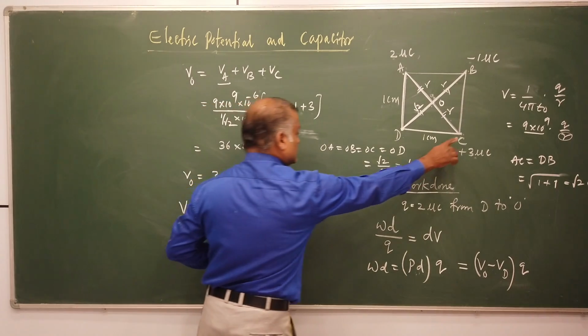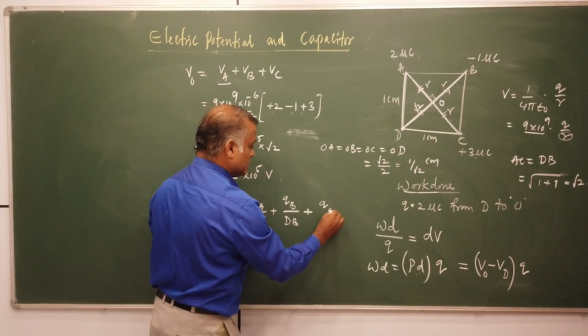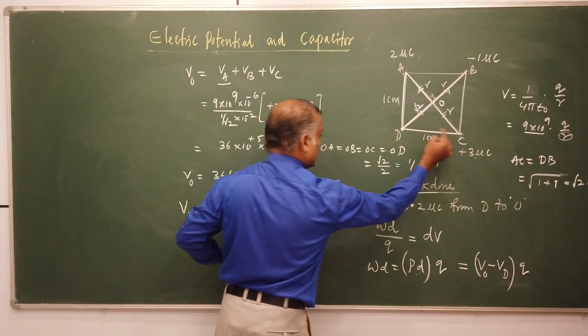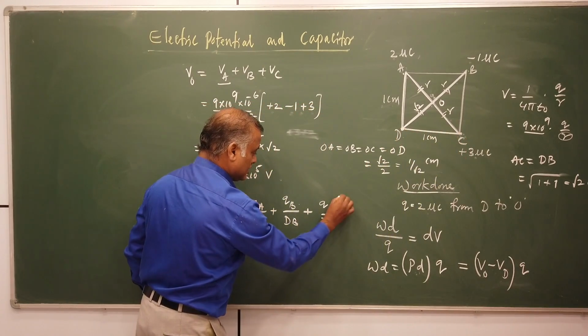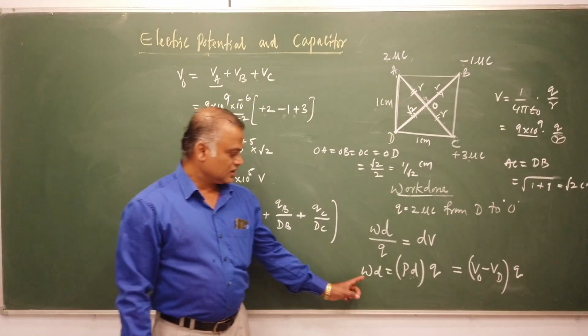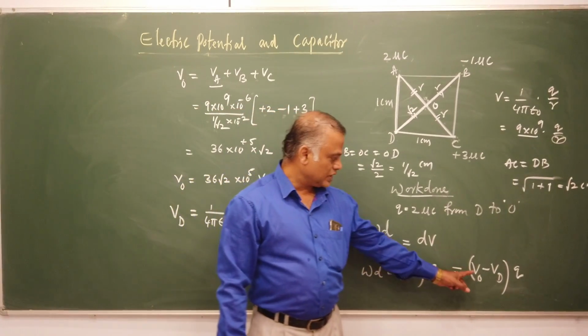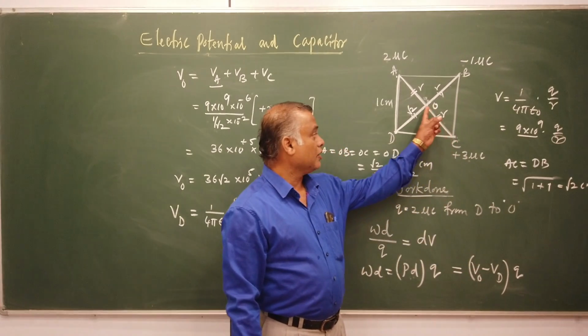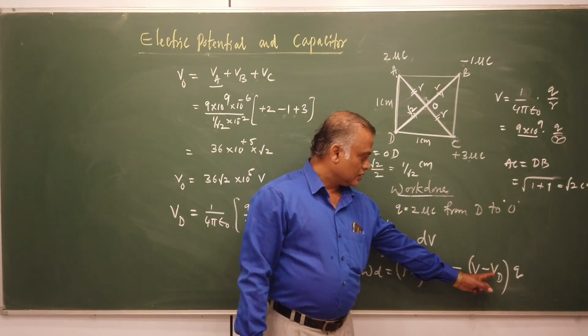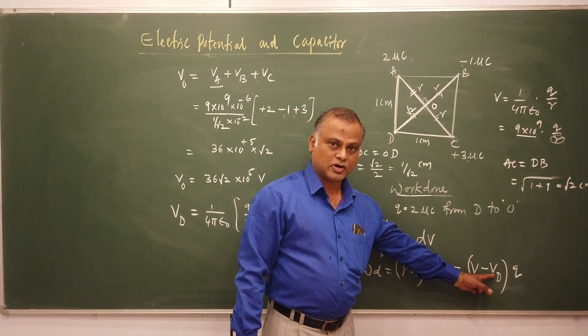What is that? Charge at C divided by the distance dC. So what is done is potential difference into charge. We have calculated potential at O. Now we have to solve for potential at point D.